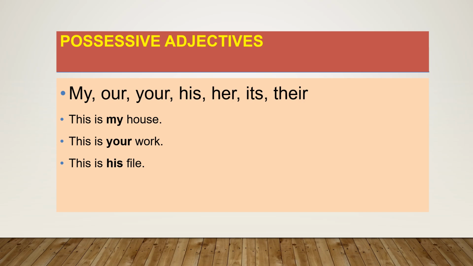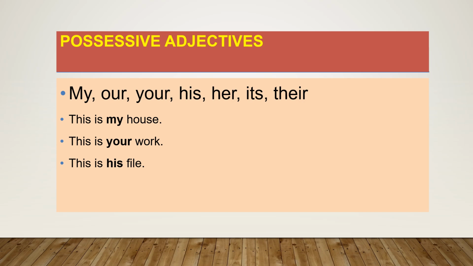Possessive adjectives are pronouns which do the function of adjectives. I have explained this in great detail in the video on pronouns which you will find uploaded on the channel. The words which are used as possessive adjectives are my, our, your, his, her, its, and their. In the table in the earlier video, which is again a PowerPoint video, you can see it and learn. So you say, this is my house. House is the noun. My describes that it belongs to somebody.